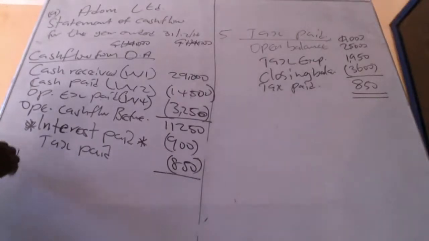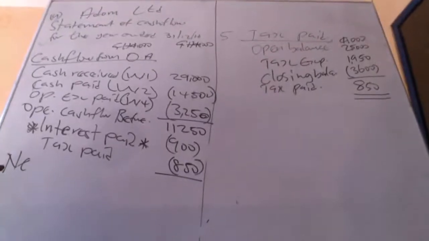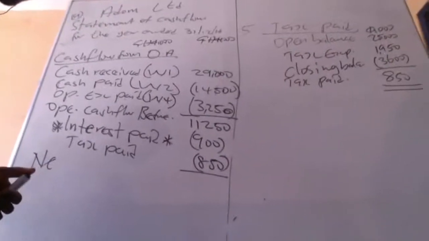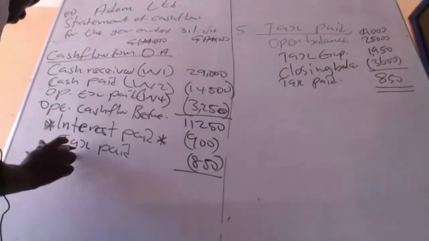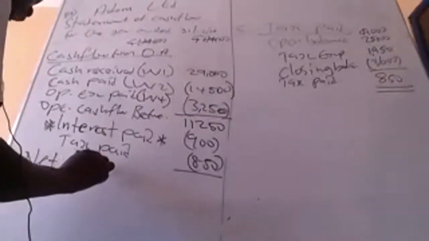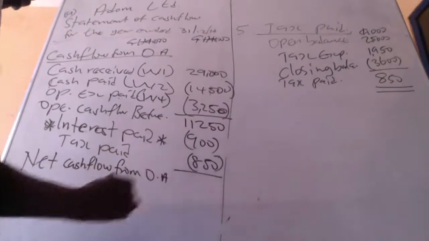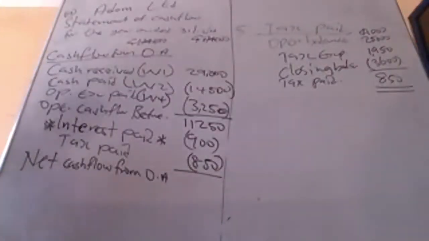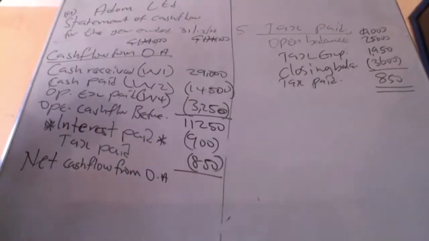So this one, we'll call it net cash flow. Net cash flow from where?